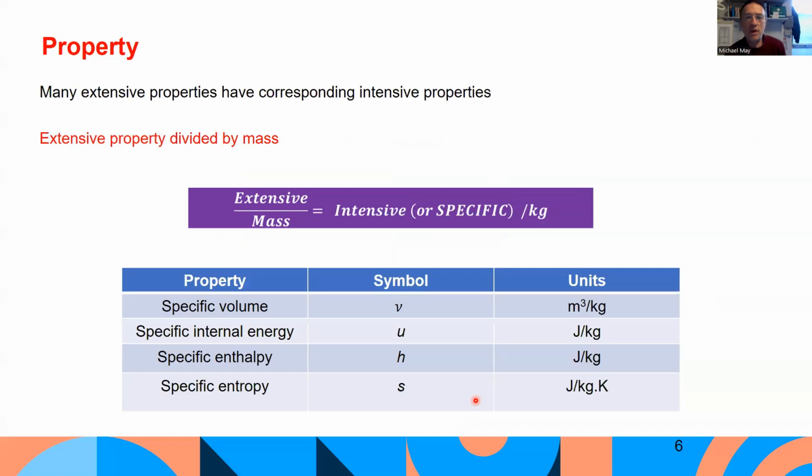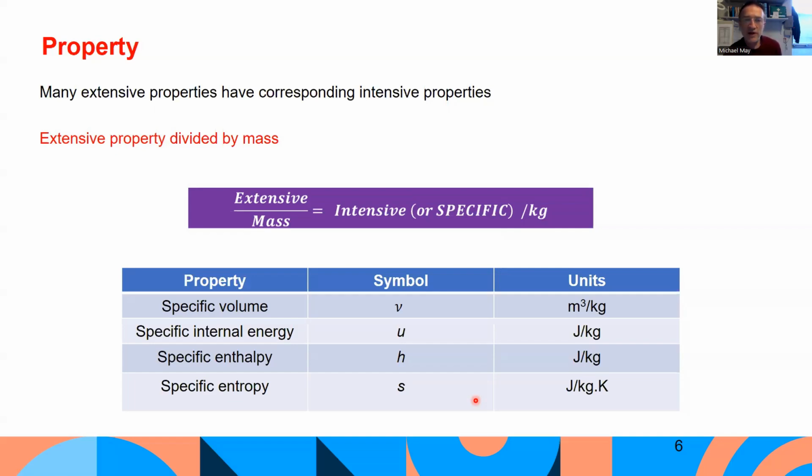Many extensive properties have corresponding intensive properties. So what we do is we take the likes of volume and other properties that you may not have come across yet, but we will do, and we will explain them fully as we go through the course: internal energy, enthalpy, and entropy. And if we divide them by mass, we convert them into what we call specific volume, specific internal energy, specific enthalpy, and specific entropy.